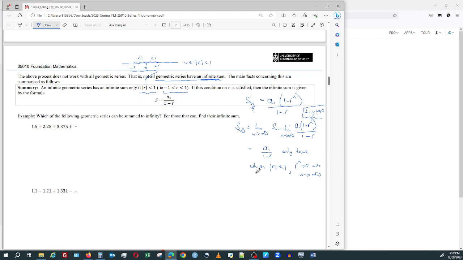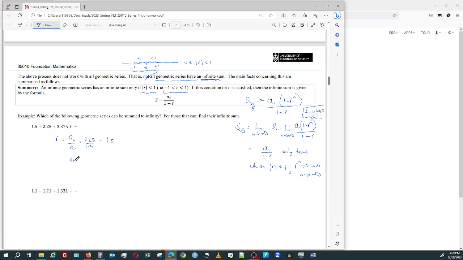Alright, so let's use this to fill in our parts. Let's see if we can check it out. So we've got our common ratio. So our ratio will be a2 over a1, for example, which is 2.25 over 1.5. You can use your calculator. And we'll get a common ratio of 1.5.